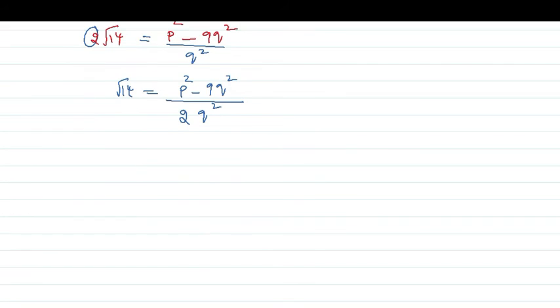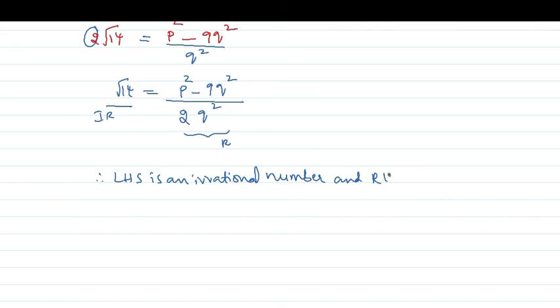Now observe this step. On the left side we have an irrational number, and on the right side we have a rational number. Then these both can't be equal. Therefore, LHS is an irrational number and RHS is a rational number, so this is not true.